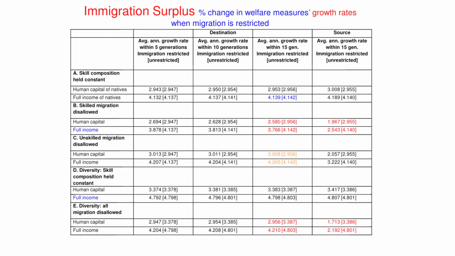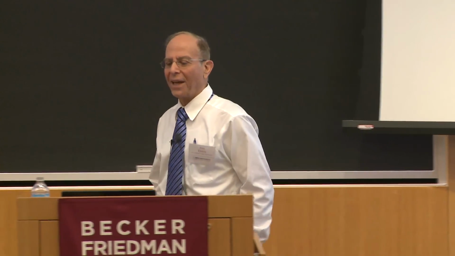In the diversity case, this is actually percentage point increases in the growth rate itself, which are about 0.5% in the destination country, but bigger in the source country. So these two cases are interesting in the sense that the source country has more to lose from disallowing skilled immigration to the United States, both in the benchmark model and in the extended model that allows for diversity effect.